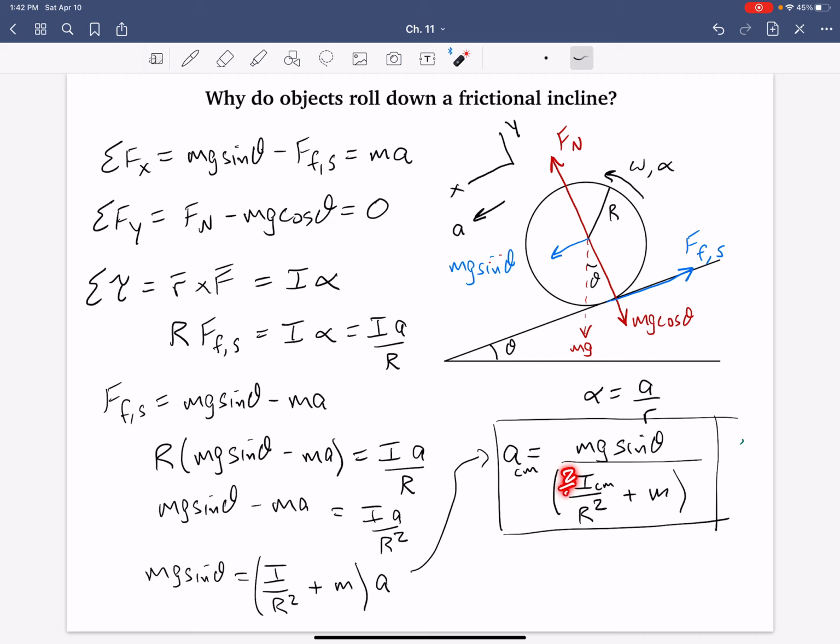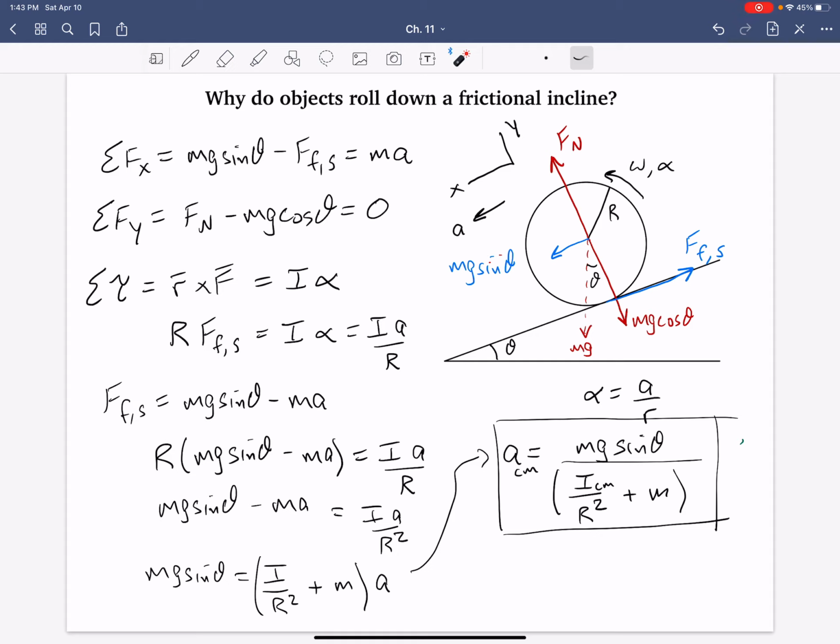Meaning if we have 2/5 mr squared for the moment of inertia, that means that a solid ball, like a snowball or whatever, would have a slower acceleration than a hoop, which has all of its mass out here, right? Because 2/5 is smaller than 1, and it's on the bottom, okay? So that matches our intuition.